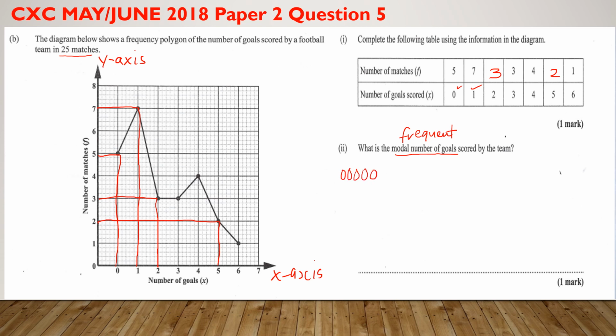Good. 1 goal in 7: 1, 2, 3, 4, 5, 6, 7. And 2, 3 times. 3 goals, 3 times. 4 goals, 4 times. And then we have 5 twice and 6 once. So the most frequent number of goals scored by the team was 1 goal. Let me write it down here. 1 goal.